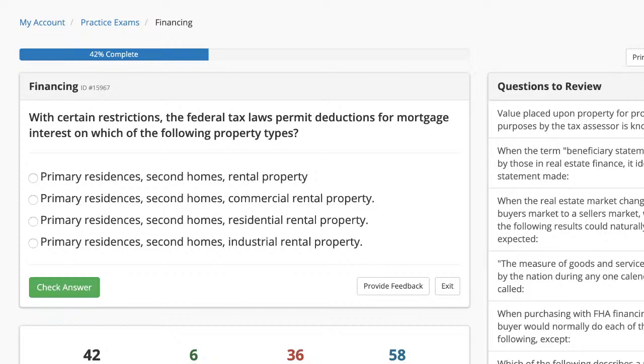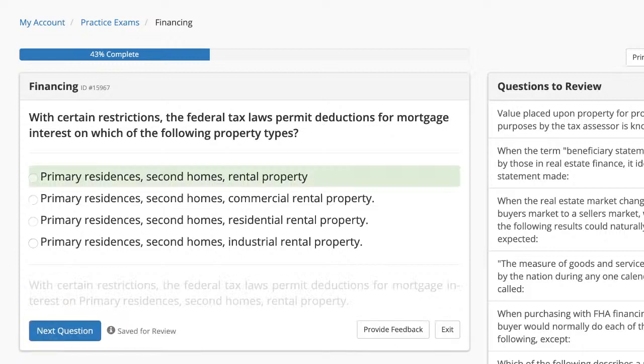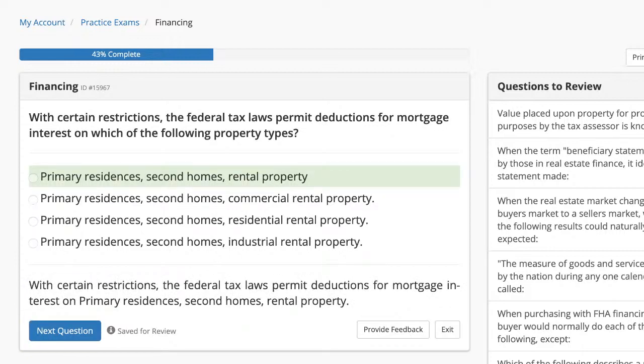Or D, primary residence, second homes, or industrial rental property. What do you guys think? And the answer is A, primary residence, second homes, and rental property.